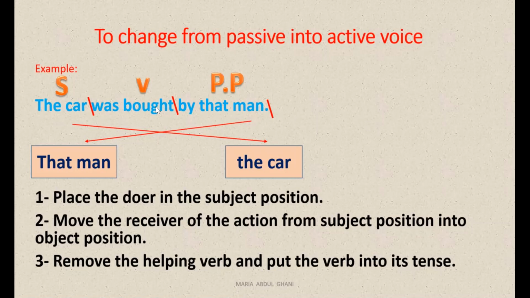We need to make it past simple, but without the helping verb. So how to make buy past simple without a helping verb? Okay, excellent. That's it. So we remove the helping verb and we return the verb back into its original tense, which is past simple, bought. Fine.